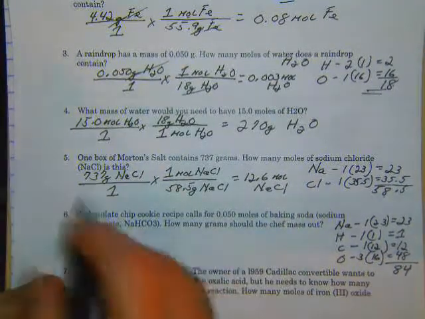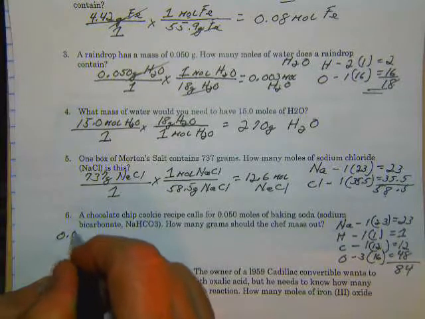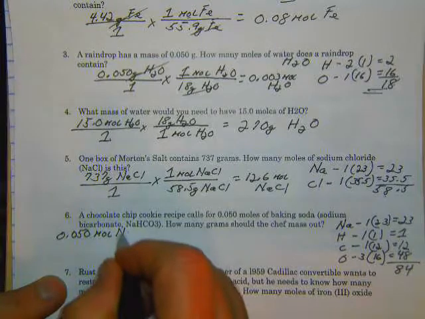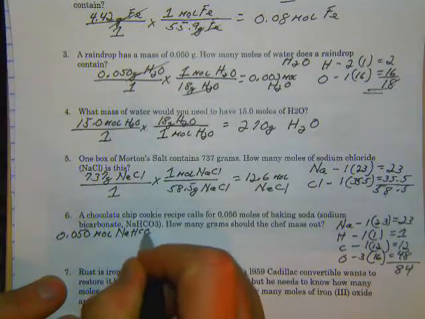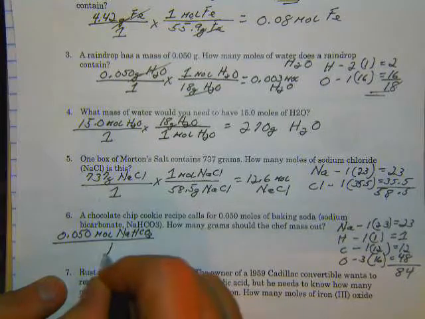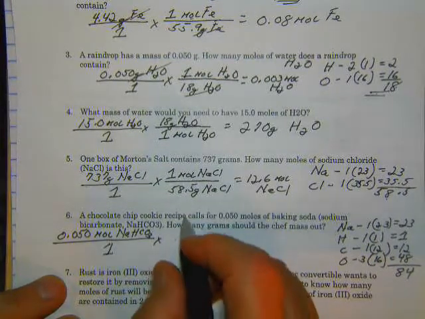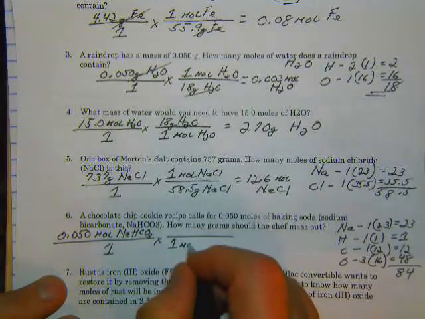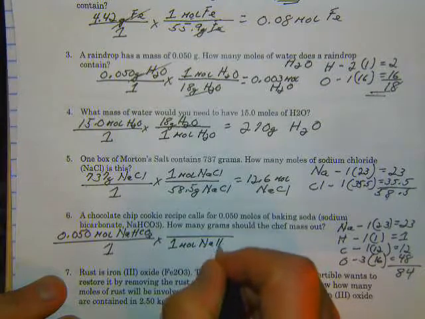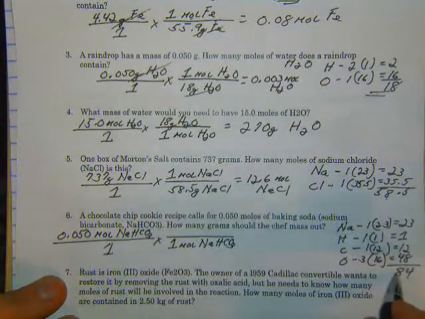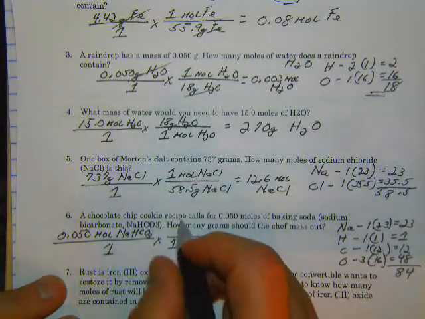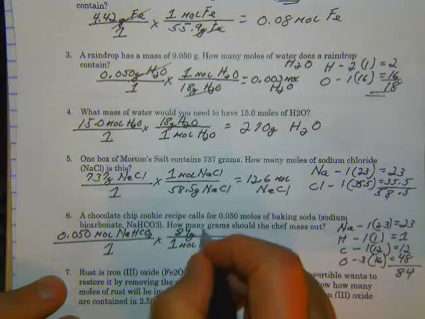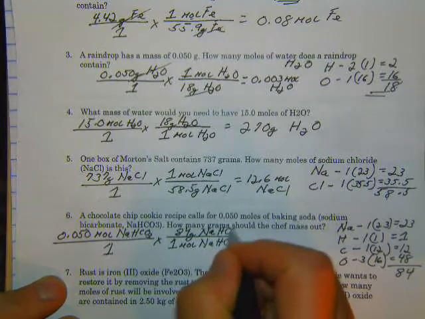So we've got 0.050 moles of NaHCO3. Again, I like to put that over 1. And we know 1 mole of NaHCO3 has a mass of 84 grams of NaHCO3.